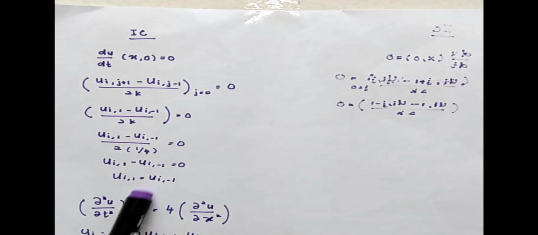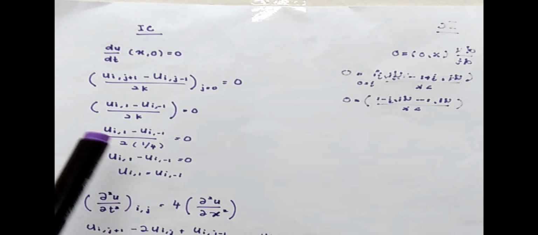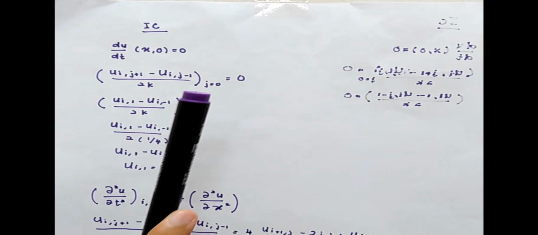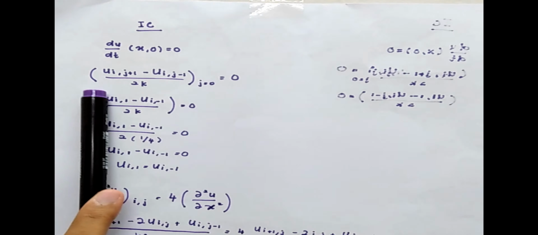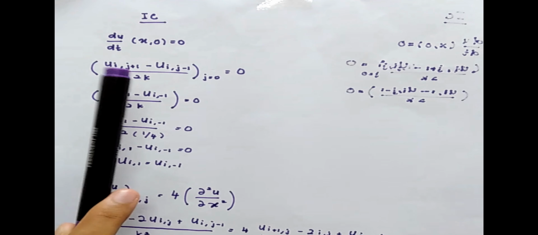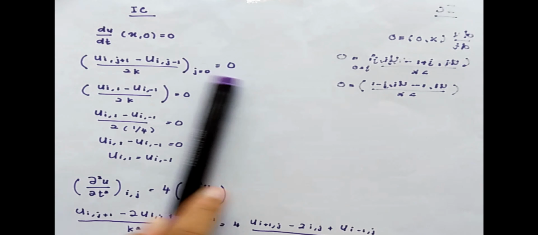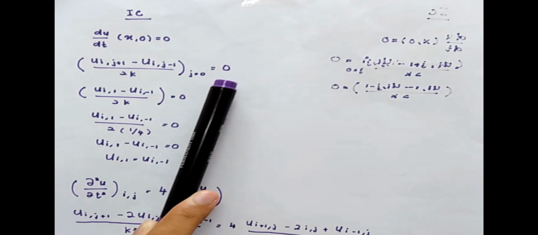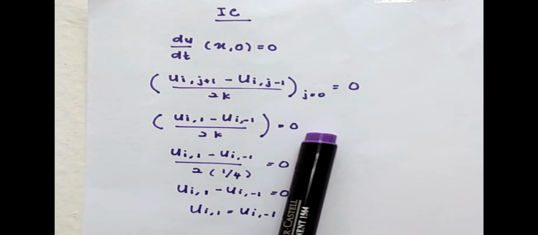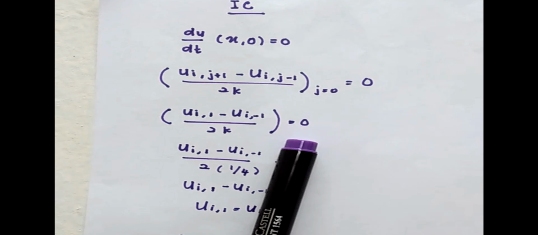And then next, by using the initial condition, we can find the unknown values. So we use the velocity equation, which is equal to 0, and we refer to the book and come up with this equation: u(i,j+1) minus u(i,j-1) over 2k, for j equals 0. Then we substitute j equals 0 into this and get this equation.